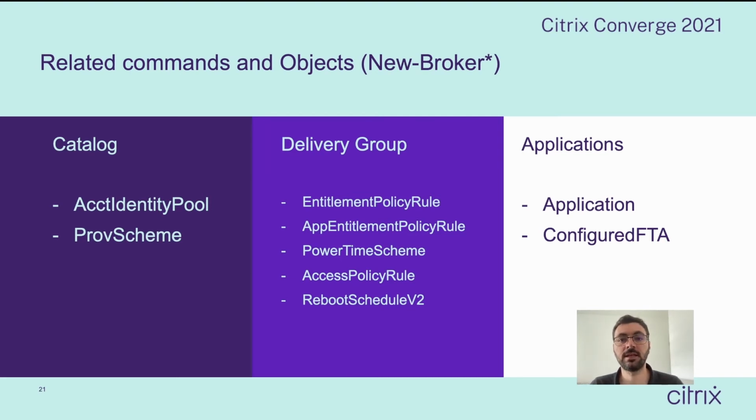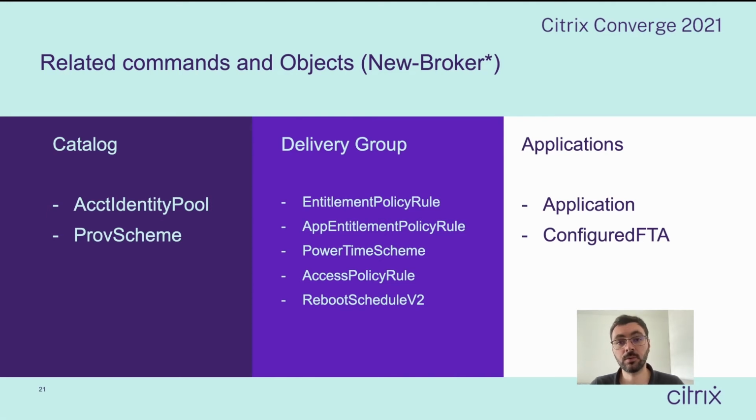To create a catalog, you need the account identity pool, which is the naming scheme of your VM and where to store the account in Active Directory. The prov scheme, which is the sizing of your VM, CPU, RAM, as well as the snapshot to use as a golden image.